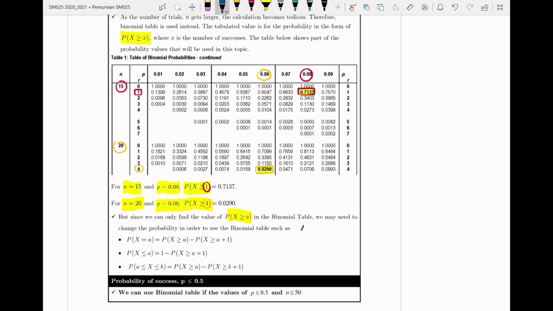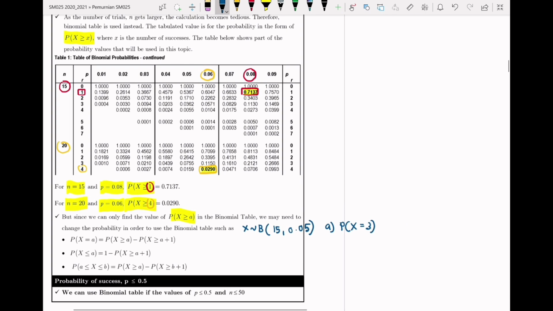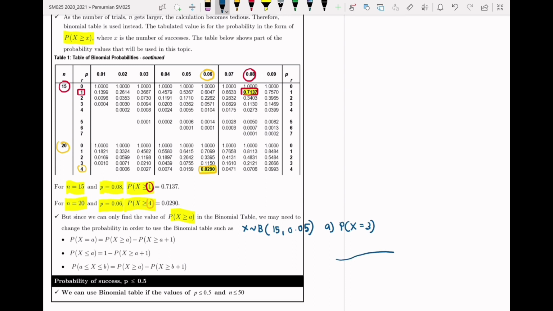Example, we have X binomially distributed with n equals 15 and p equals 0.05. We want to find the value of the probability X equals 3. Assuming we have a number line here, 3, and then 4, 5, 6, up until 15, because our n is 15.